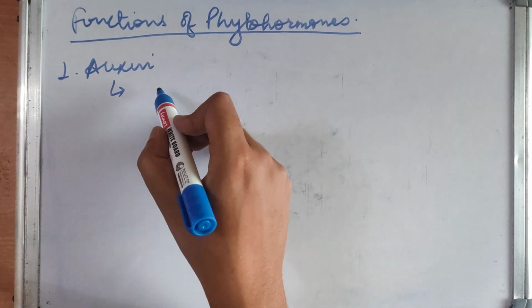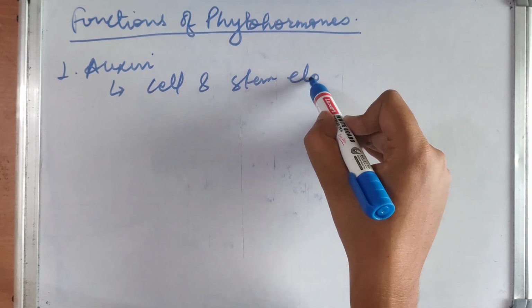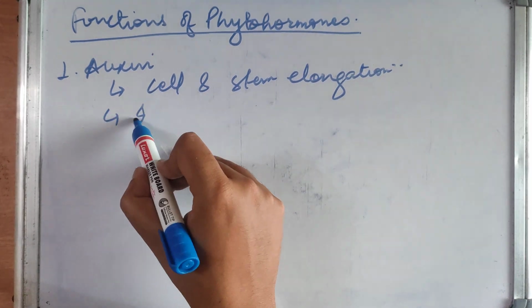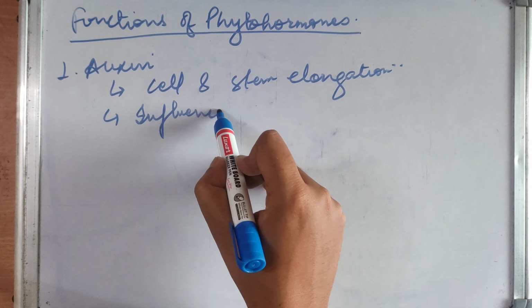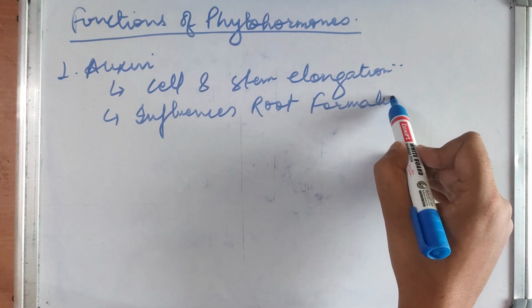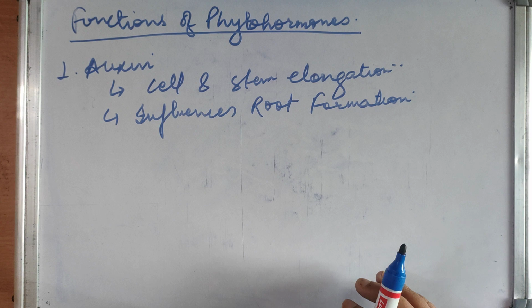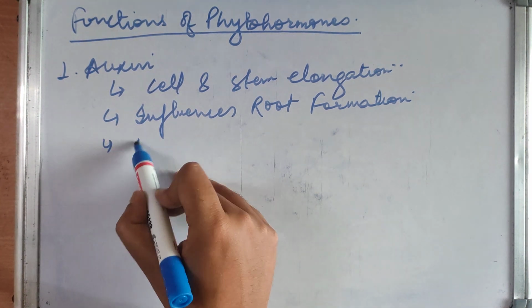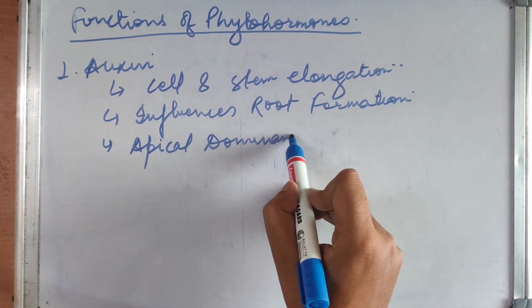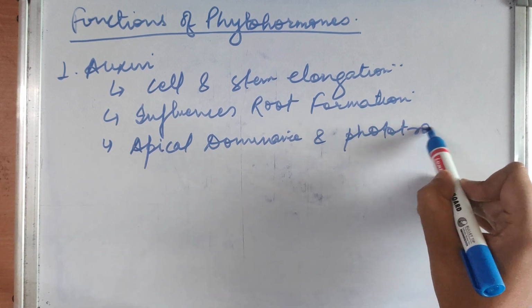It is used in cell elongation and stem elongation, influences root formation, and is responsible for apical dominance and phototropism.